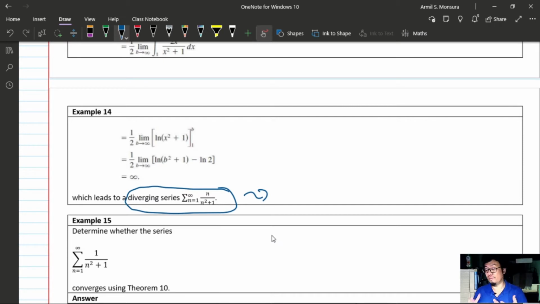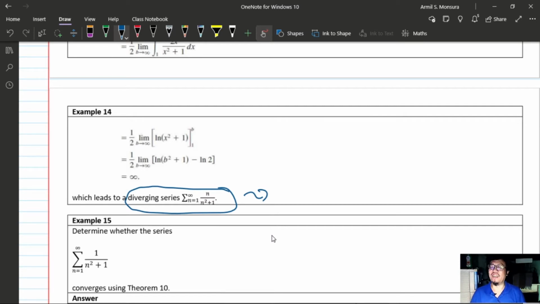So you start off with writing the nth term of the series as a continuous function, or as f of x. Then determine whether that f of x is positive, continuous, decreasing, and integrable. That's the most important part, is integrable. You can easily integrate it.